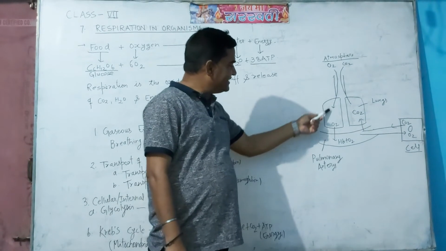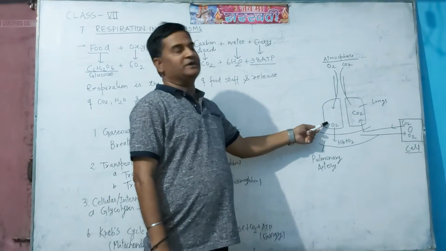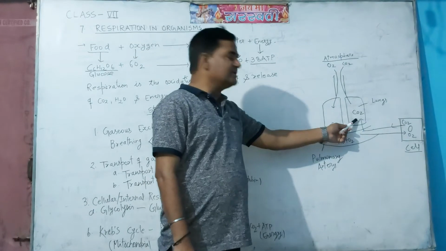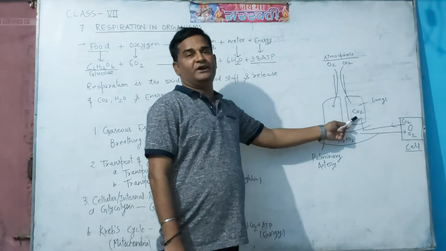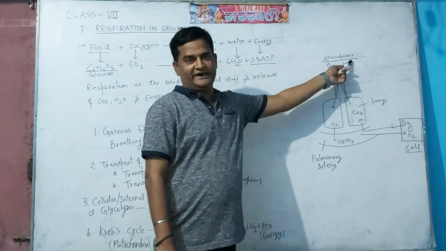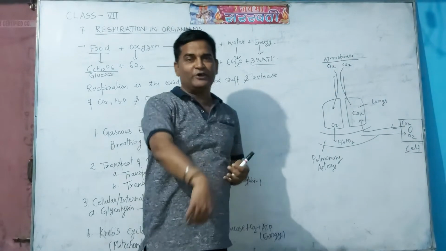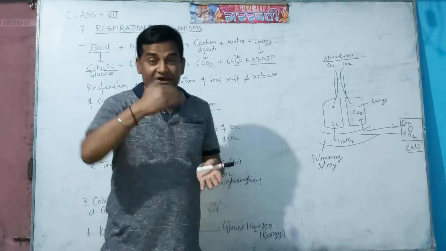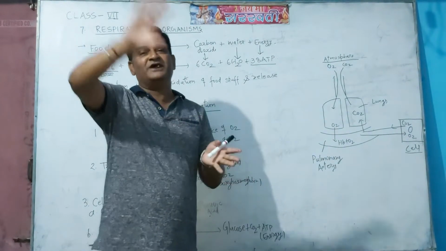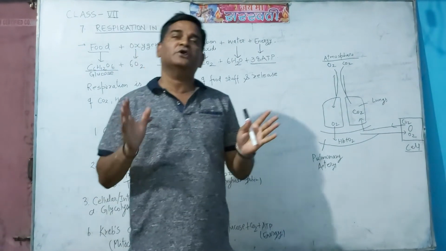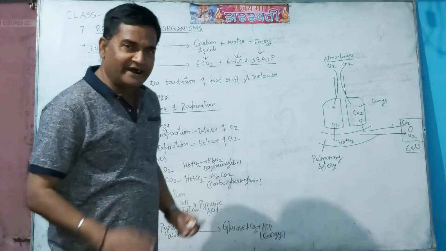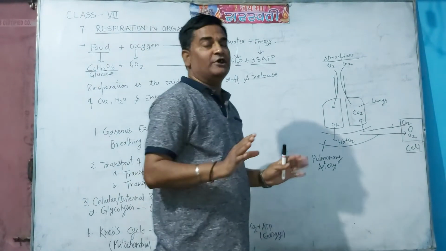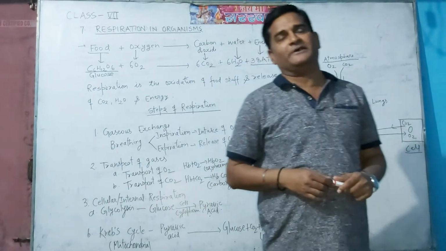This oxygen reaches our lungs. And the carbon dioxide which is left in the lungs is expelled out into the atmosphere. So the intake of oxygen inside the lungs as well as the release of carbon dioxide from lungs to atmosphere is called breathing. So breathing is basically gaseous exchange between the lungs and the atmosphere.